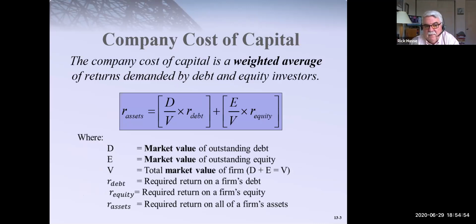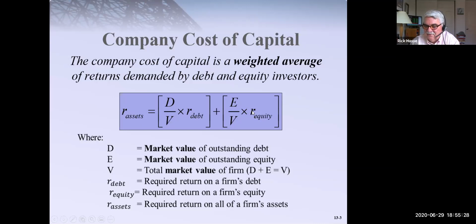First of all, R of assets, my expected return, is debt as a percent of the market value of the company, that capital structure percent, times the cost of debt, plus equity as a percent of the value of the company times the cost of equity.